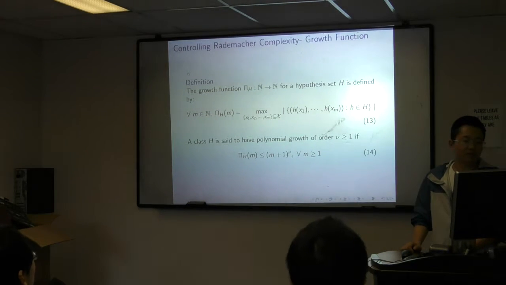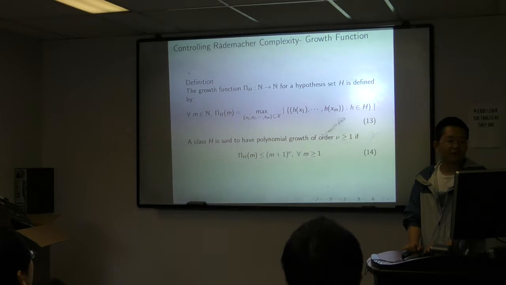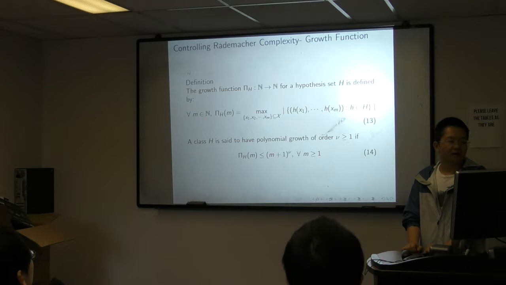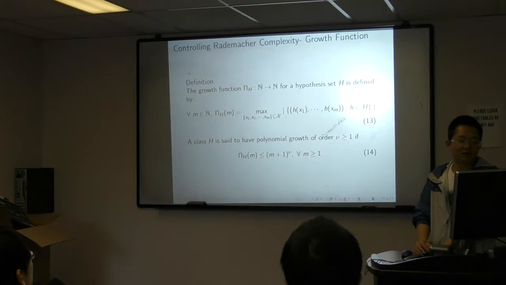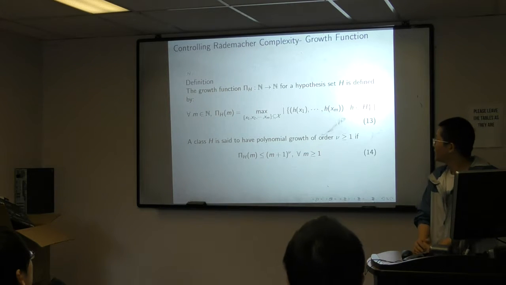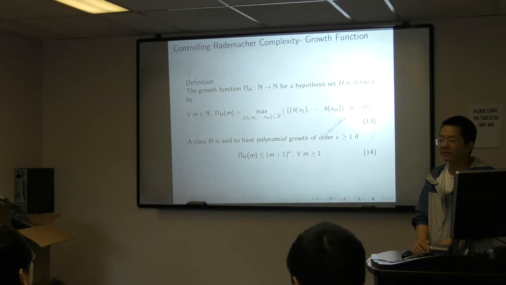And x1 to xm is a sample from the capital X. The hypothesis set is said to have polynomial growth of order nu larger than 0 if the growth function is bounded by m plus 1 to the power nu for m larger than 1, where m is the sample size.